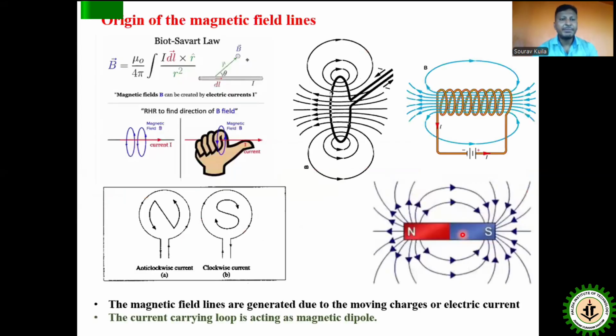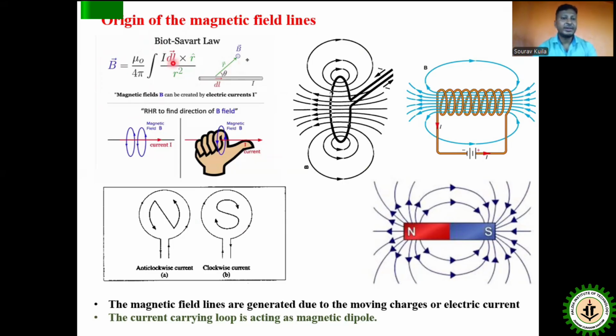The magnetic field due to a current carrying wire was first evaluated by the Biot-Savart law. It is a very well-known formula. By using this formula, one can evaluate the magnetic field and its direction.